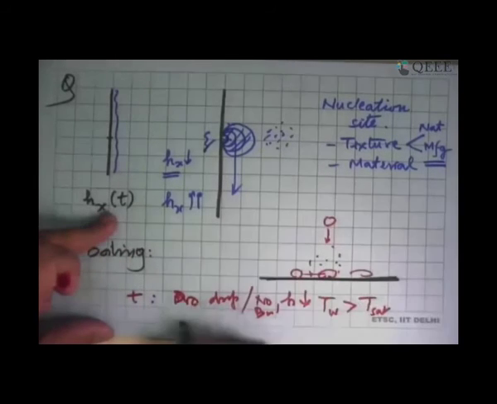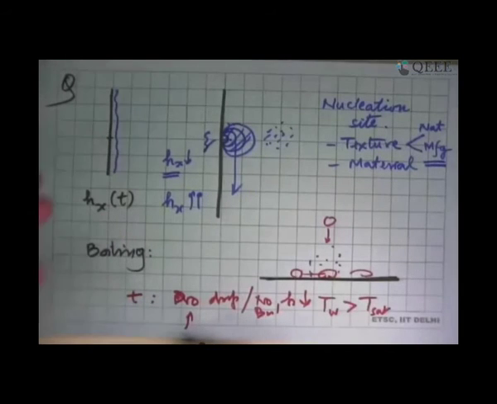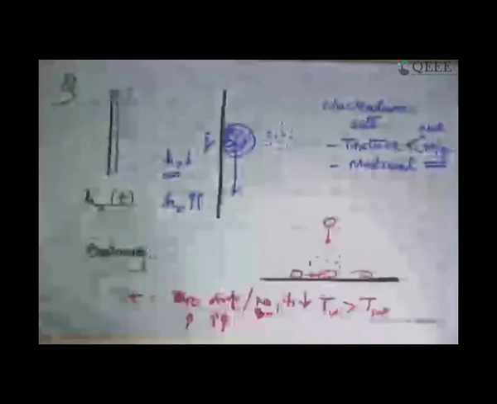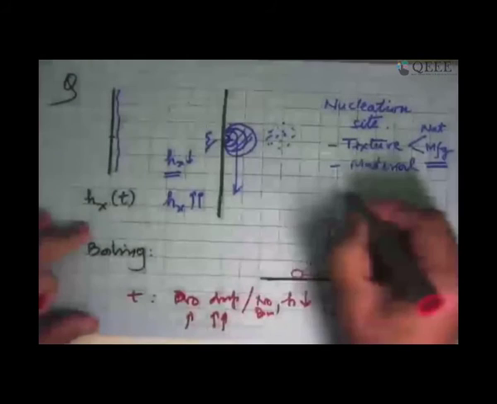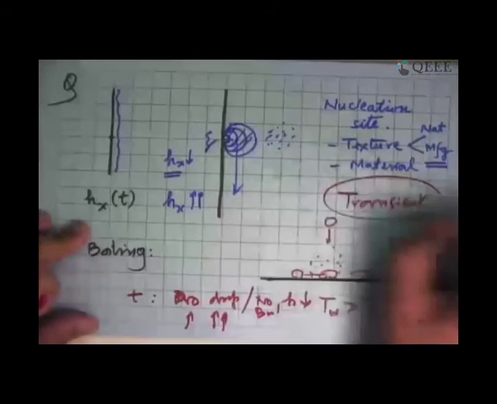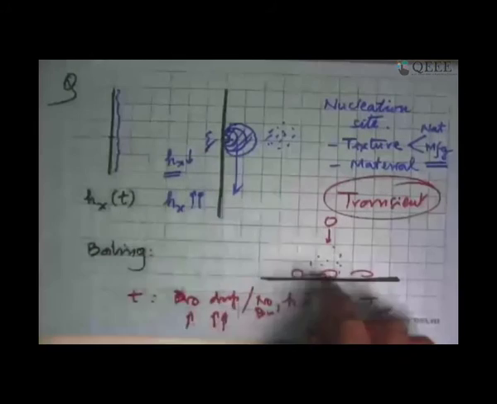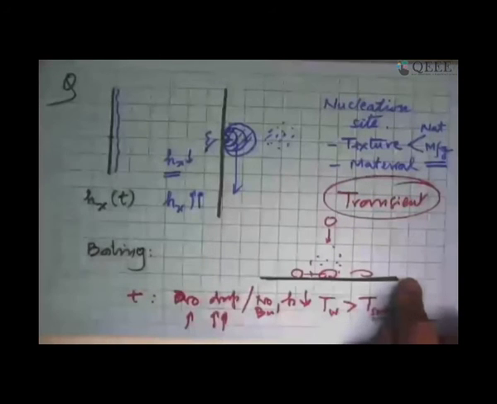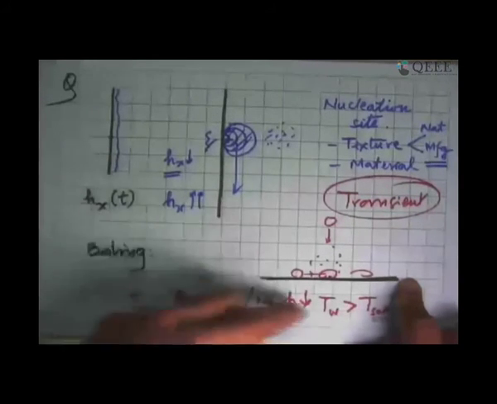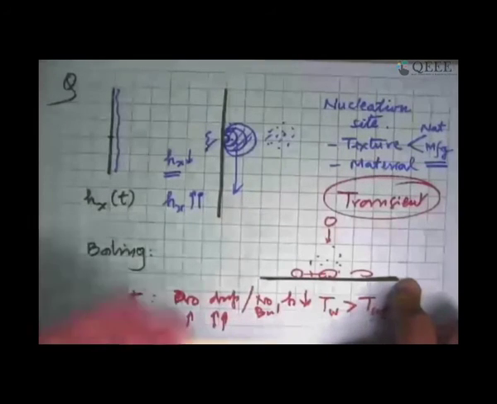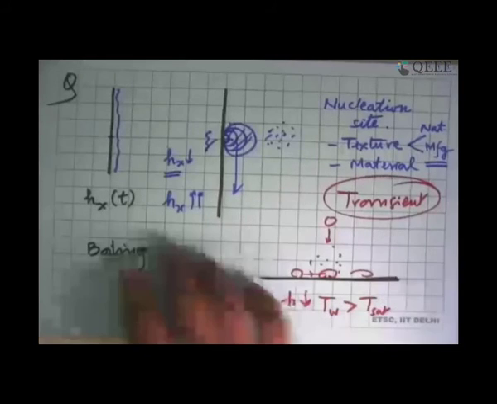The moment the drop comes, it increases. The moment it begins to vaporize, it increases even more. As it moves away, it again goes down. So it is usually a transient nature of this problem, a time-dependent phenomenon, which causes the local heat transfer coefficient to vary that much. And if this was a constant heat flux surface, what it means is that when the drop is there, it is cool. As soon as the drop goes away, the surface becomes very hot. That is what is happening here.